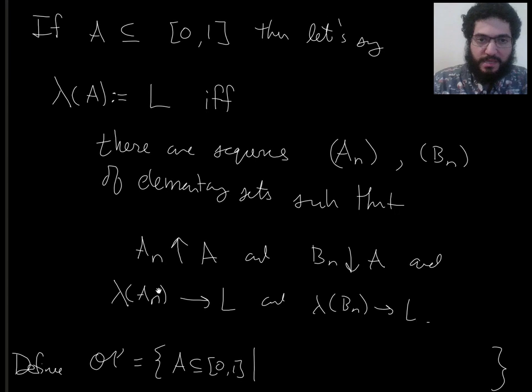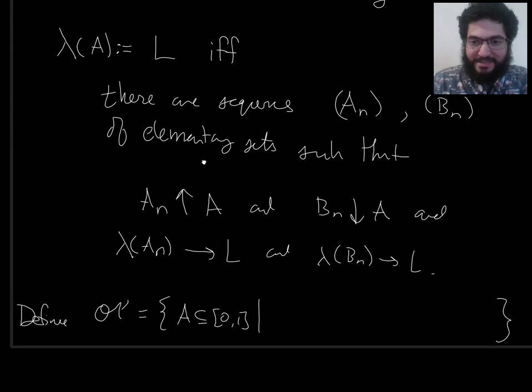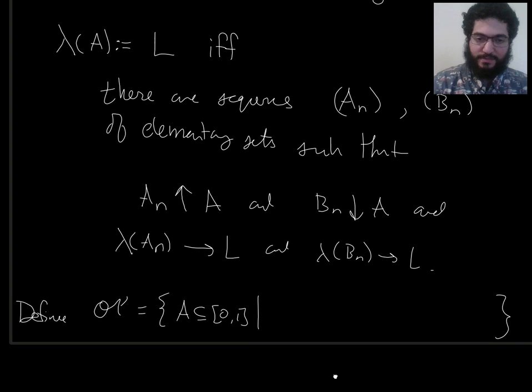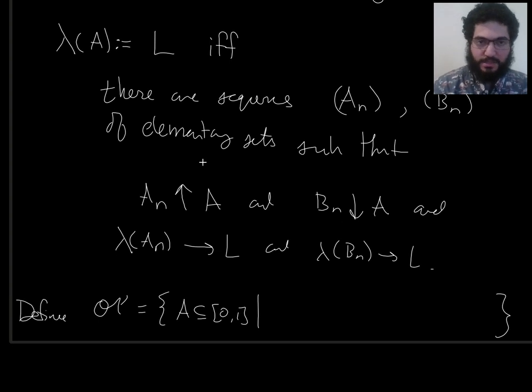So one way to say that without mentioning L itself is to just say that there exist these sequences such that lambda of an and lambda of bn converges to 0. So that would be a nice, elegant way to describe the condition here.